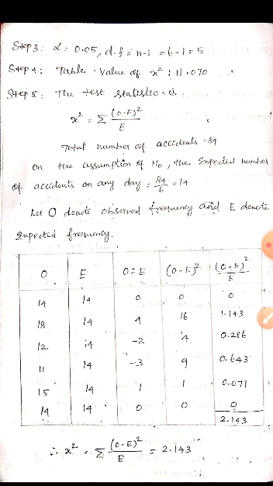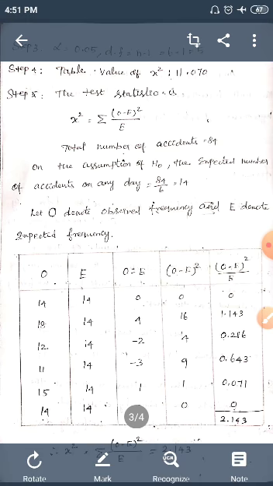The next column is O minus E, then O minus E whole square, then (O minus E) whole square divided by E. Then add all the values and substitute into the formula, chi-square equals summation of (O minus E) whole square divided by E. The total is 2.143, which is the calculated chi-square value.